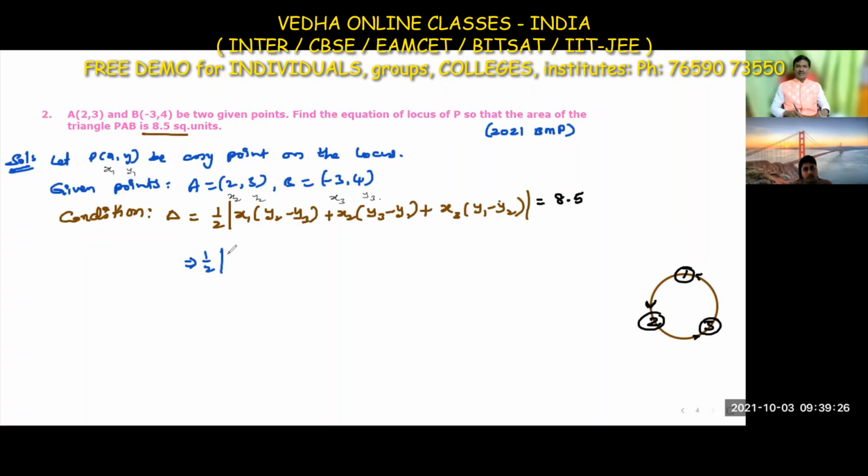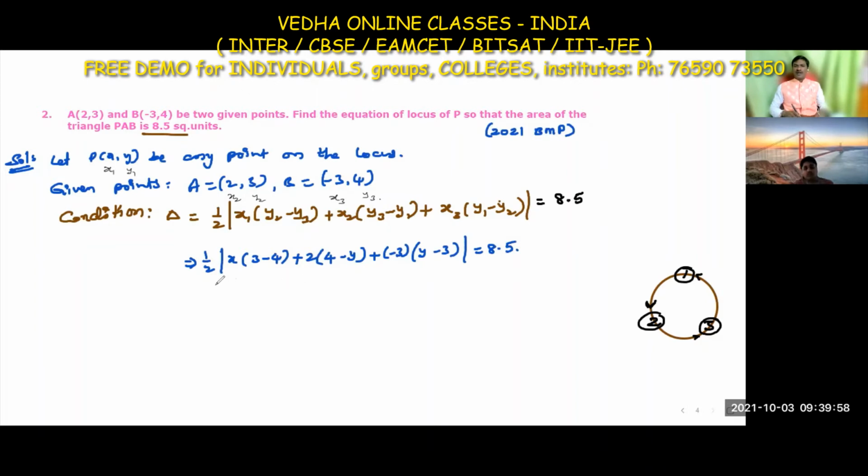So x1 is x, into y2 minus y3, that is 3 minus 4, plus x2, that is 2, into y3 minus y1, that is 4 minus y, plus x3, which is minus 3, into y1 minus y2, that is y minus 3, is equal to 8.5.